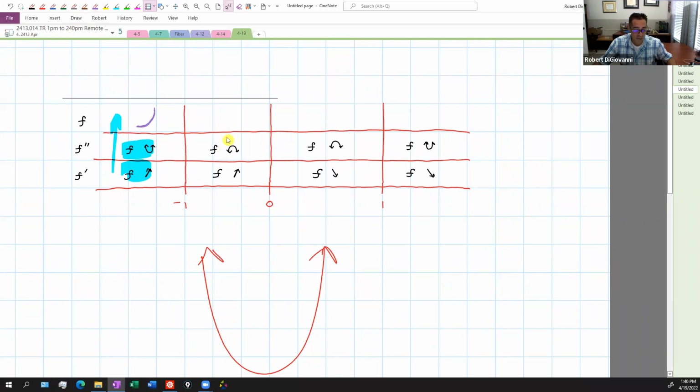Now, when I get to this piece, I have to be going up, but concave down. So am I the left side of the frown or the right side of the frown? Left or right? If I have to go up and be frowning. Left side. So it's got to look like this. Okay. Now I have to be going down the frown. So the only way to be going down the frown is to be going on the right side.